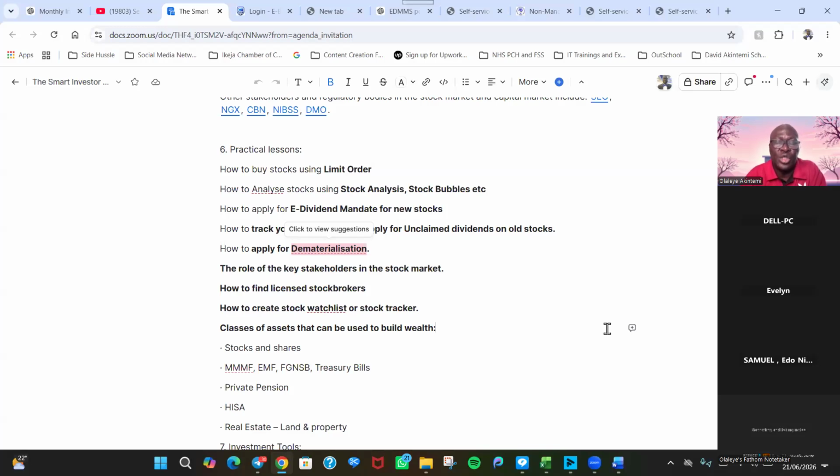When I bought my JITCO stock, I didn't have a stockbroker because I've never bought any stock before that time. So when I bought the stock, because I am already a customer of JITCO, JITCO just sent me a pop-up message on my mobile phone, and I click the message, and the message says JITCO is doing a public offering.